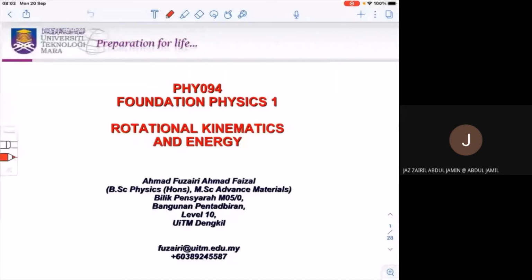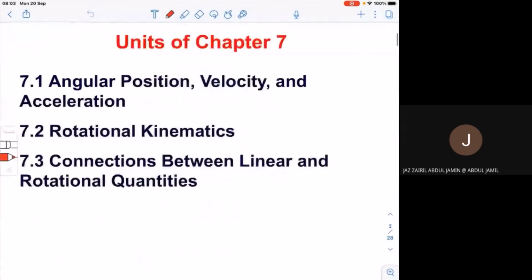So this is chapter 7, and it consists of a few sub chapters such as angular position, velocity and acceleration. If you look carefully, this is not the same as what we learned in kinematics, because this involves the words angular position, angular velocity, and angular acceleration.